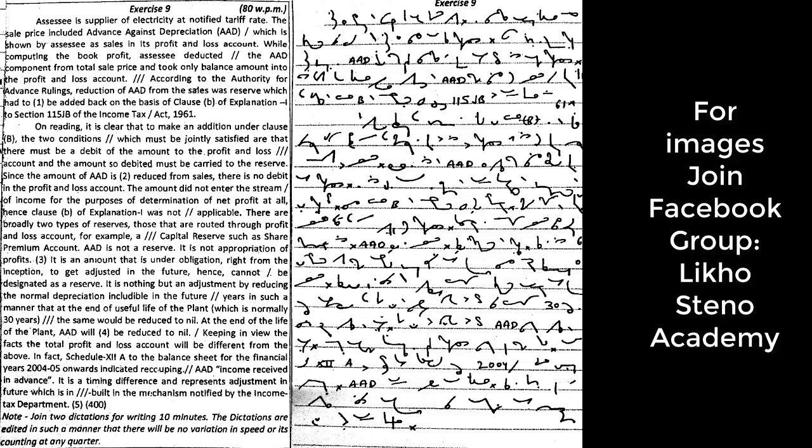Keeping in view the facts, the total profit and loss account will be different from the above. In fact, Schedule 12A to the balance sheet for the financial year 2004-5 onwards indicated AAD as income received in advance.